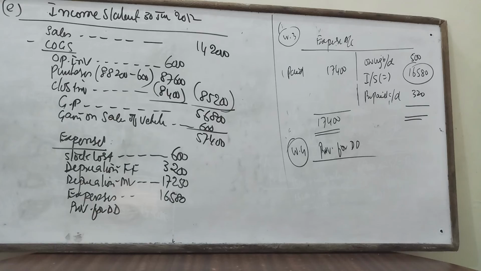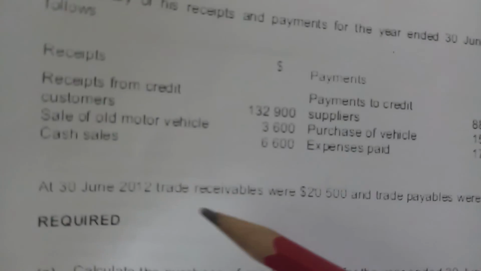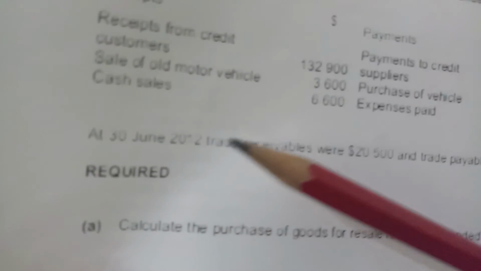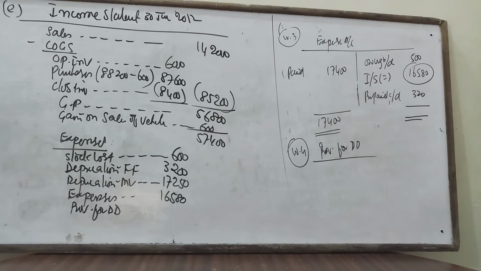You can see the closing balance of trade receivable, which is before requirement A. You can catch it from here. The closing balance of trade receivable is given at 30th June 2012.